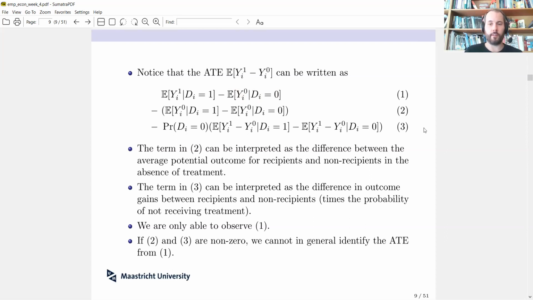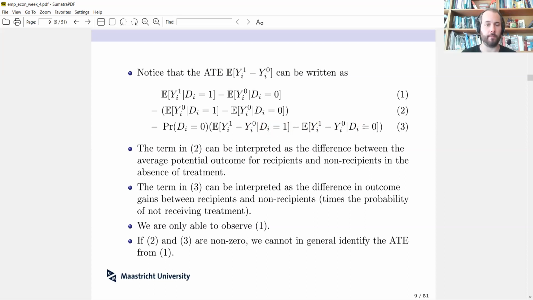Terms 2 and 3 are again the terms that we would like to get rid of. Here we see we cannot observe this. We have the treated group, but we want to see the outcome in the absence of treatment. This term cannot be observed. And similarly here, this plus this doesn't work either.